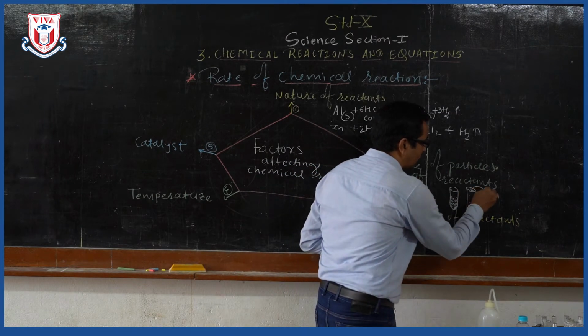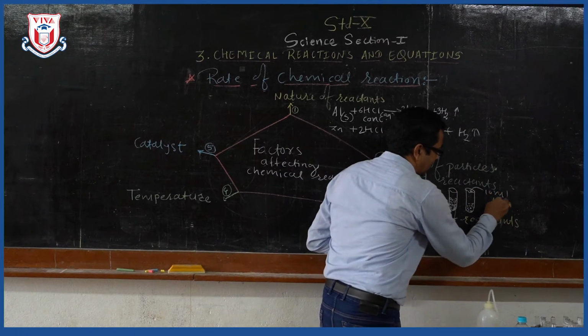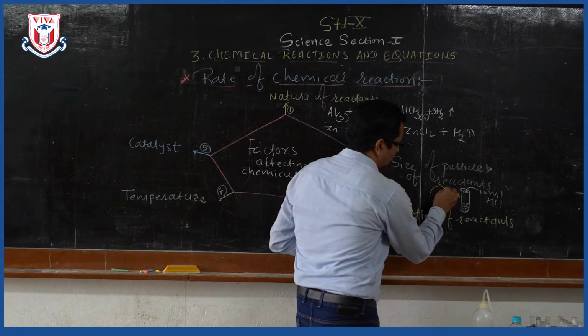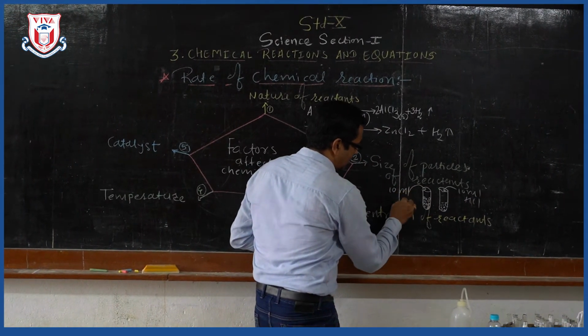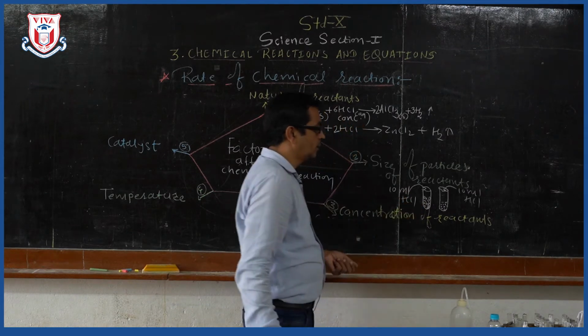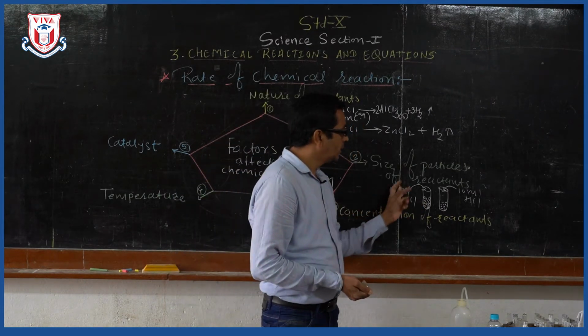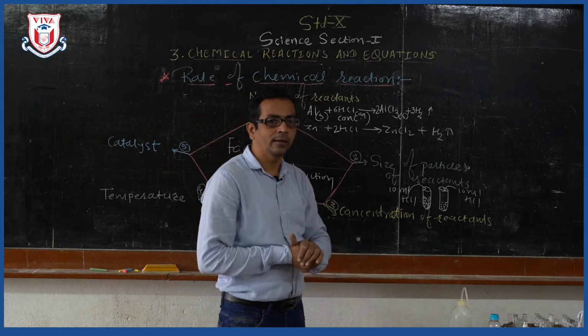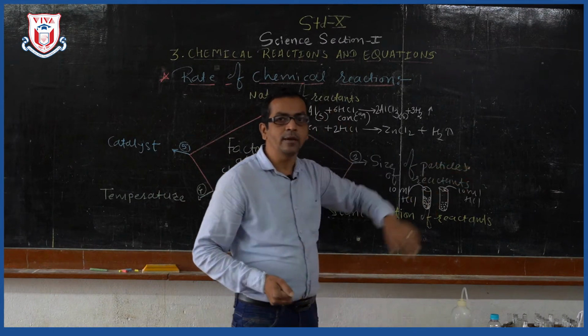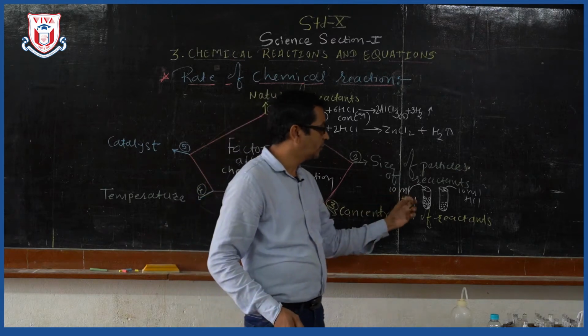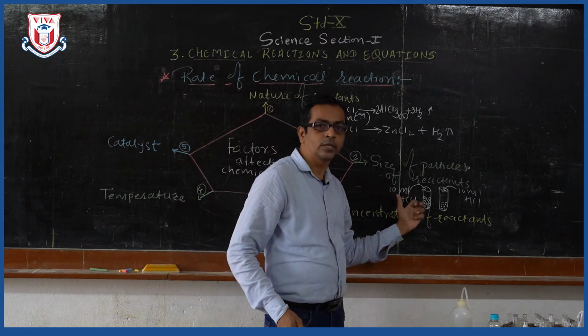Here also you have to add 10 ml HCl, and in the first also 10 ml HCl. After observation you will find that the reaction in the second test tube will be faster than that of the first test tube.